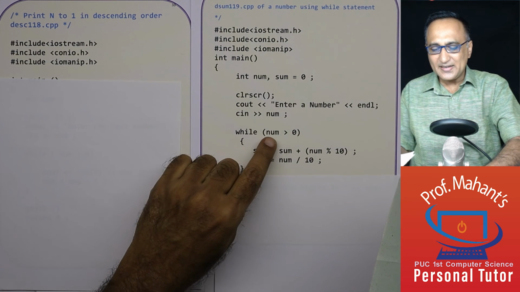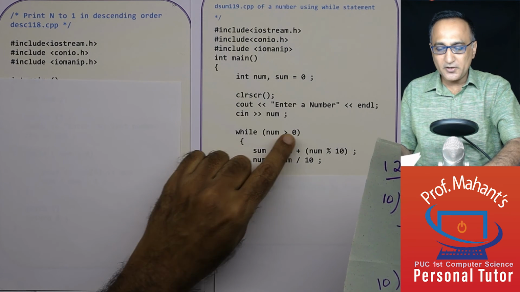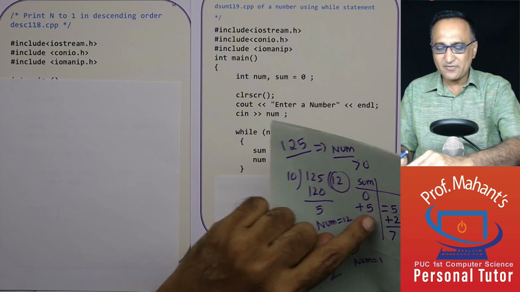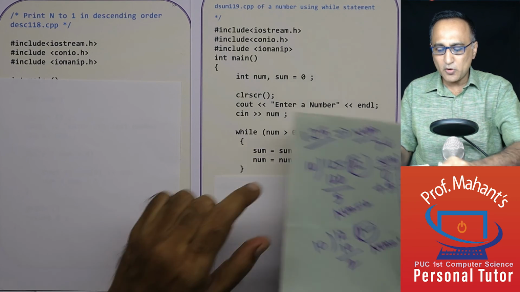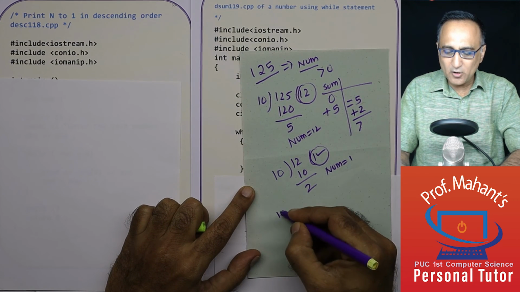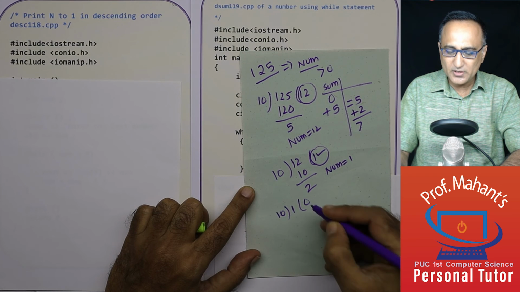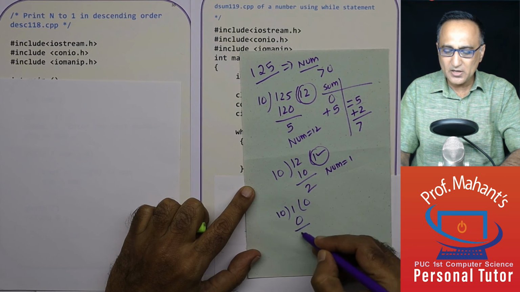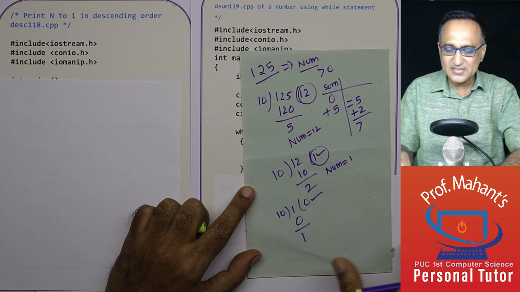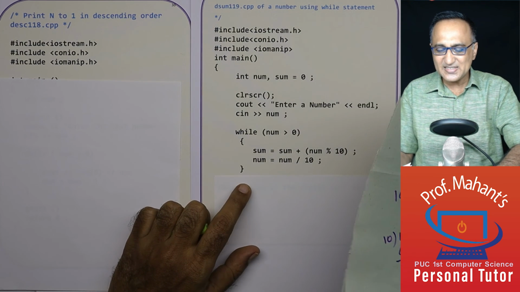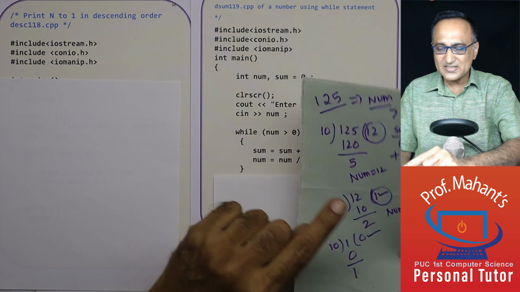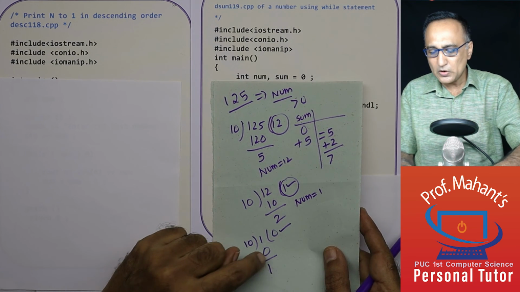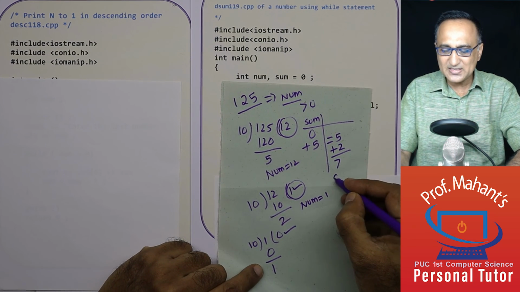Is 1 greater than 0? Absolutely true. So sum is sum, which is 7, plus 1 mod 10. I cannot actually divide 1 by 10, so 1 is divided by 10 0 times. So the remainder happens to be 1 and the quotient is 0. Since this is the case, sum is 7 plus 1. 7 plus 1 is 8.